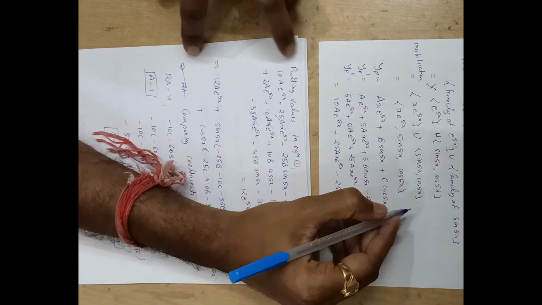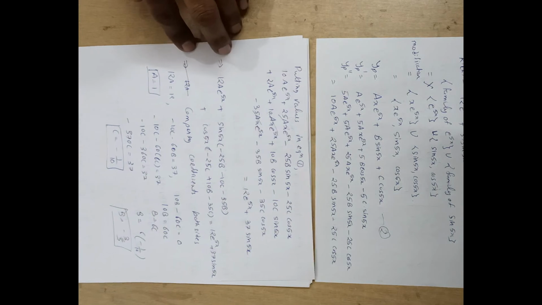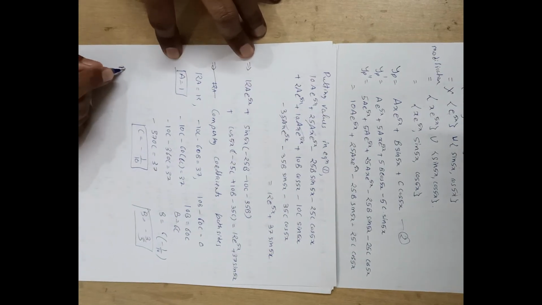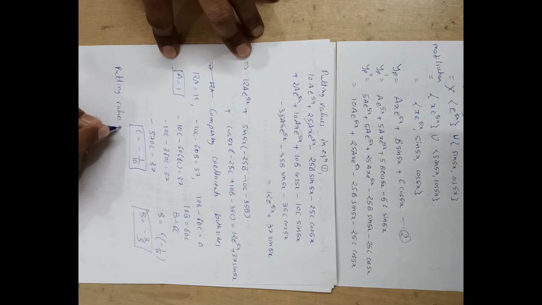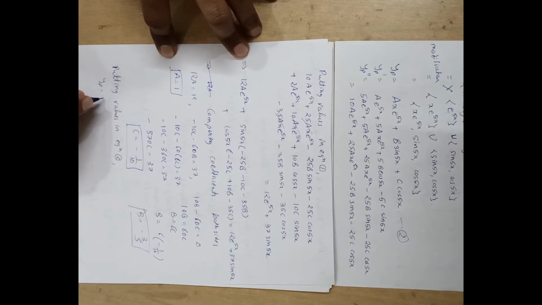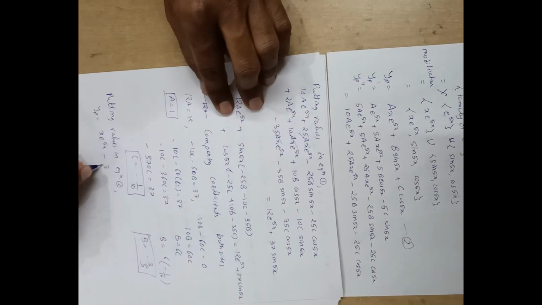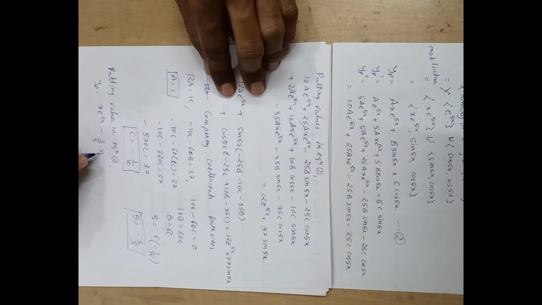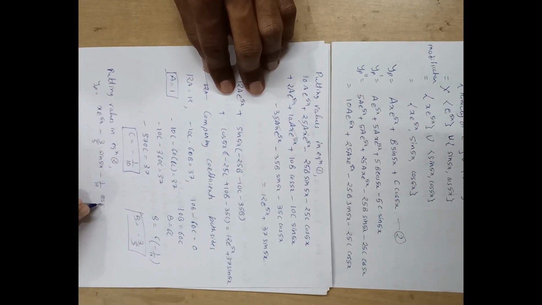Now putting these values in equation number 2, that means our choice of yp. So yp will be x e^(5x), because a has a value 1, b has a value -3/5 into sin 5x, -1/10 into cos 5x.